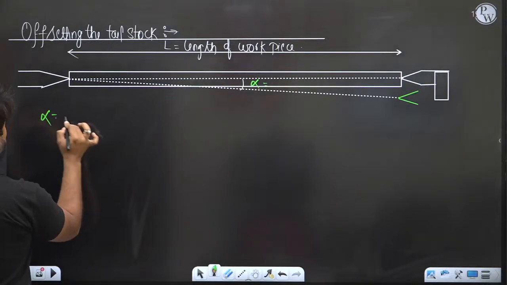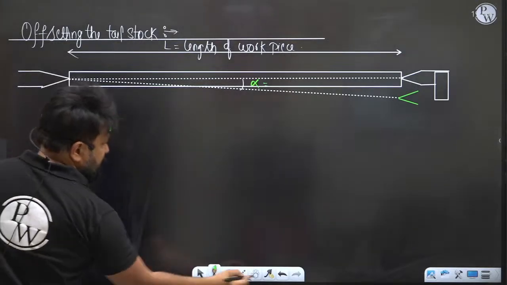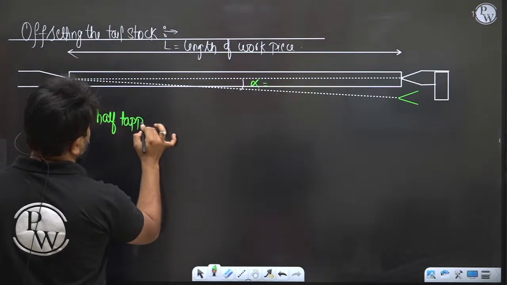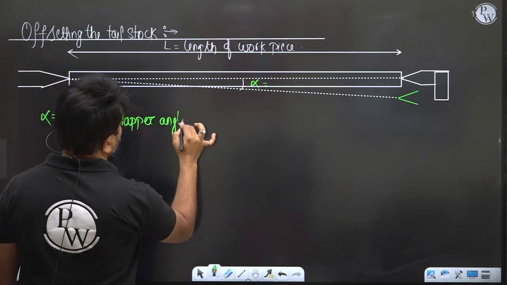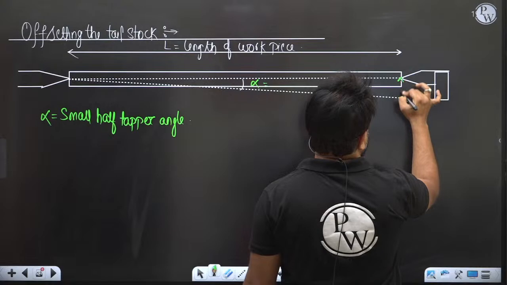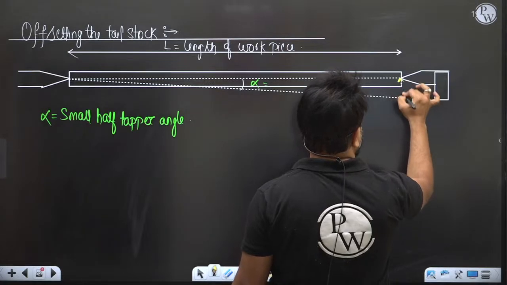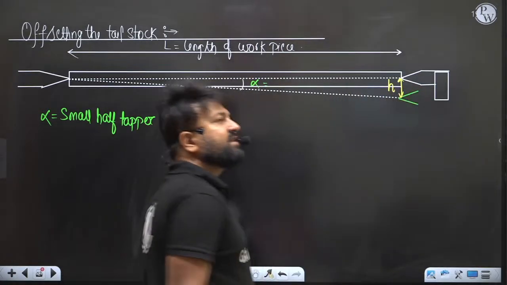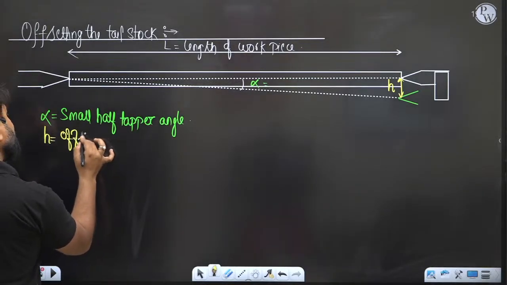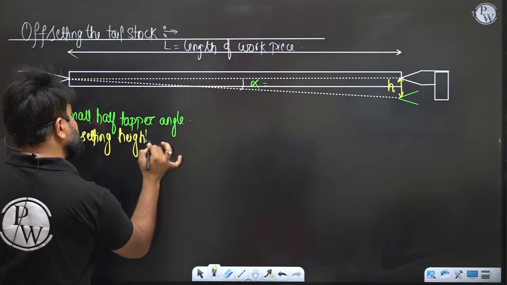Now we are doing a tapering up to some particular height, and this is the offsetting height, let's say small h. So h is the offsetting height.